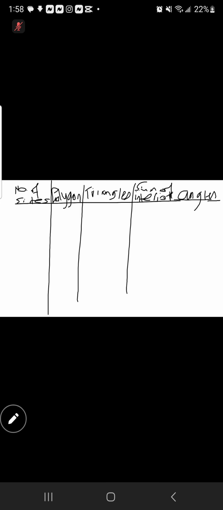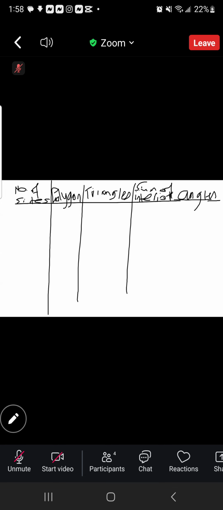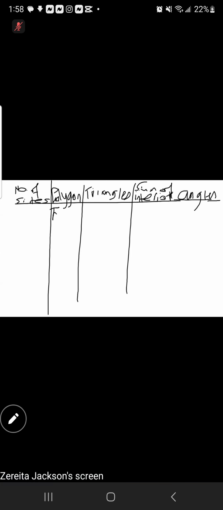All right. What's the name of the first, the smallest polygon? Triangle. So inside the polygon column, you're going to write triangle. And you know that a triangle has how many sides? 3 sides.